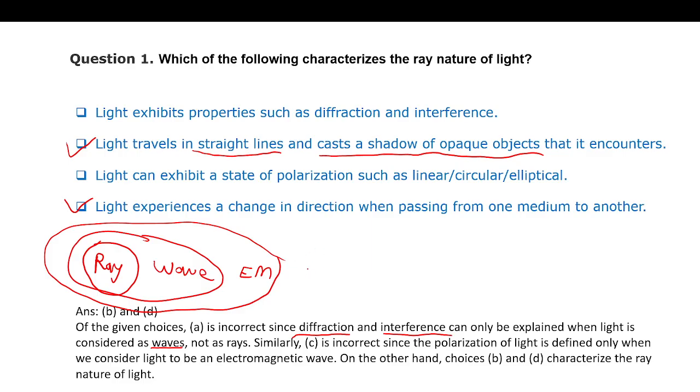Similarly, the quanta absorption, all these things will be in this nature of light.